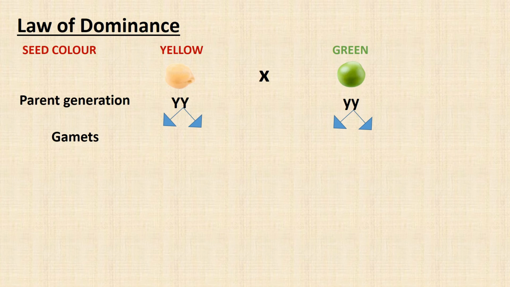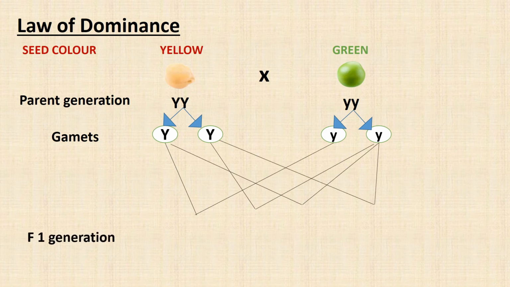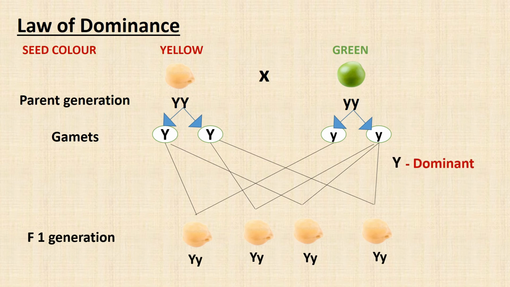Among the pair of factors in the F1 generation, only one factor will be dominant and the other one is recessive. When we observe the yellow and green seed cross, the yellow color is dominant and green color is recessive. So this is called Mendel's law of dominance.